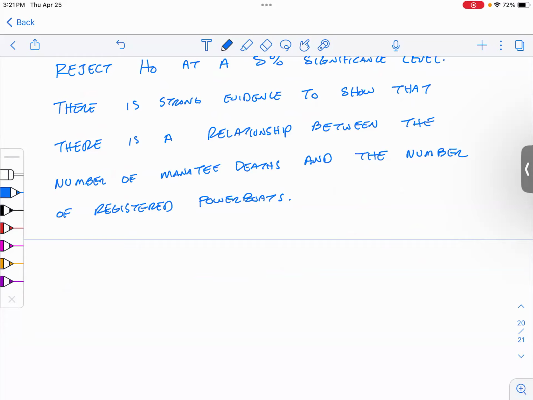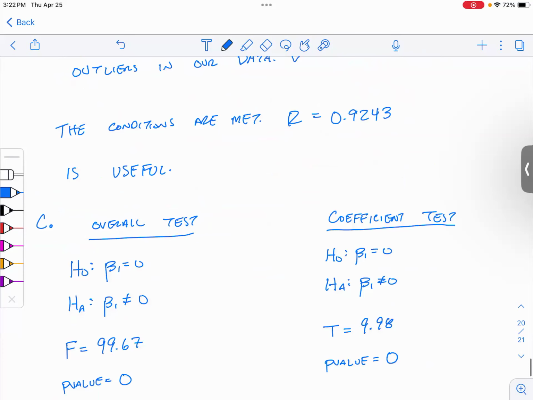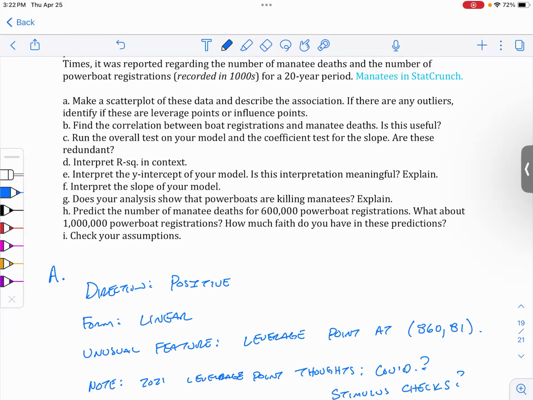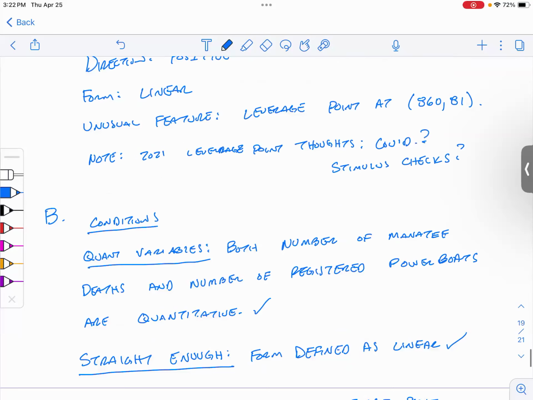After you identify that, then we can start interpreting things. Because if there is no relationship, then there's basically nothing to interpret. Interpret R squared, interpret the y-intercept if meaningful, interpret the slope.